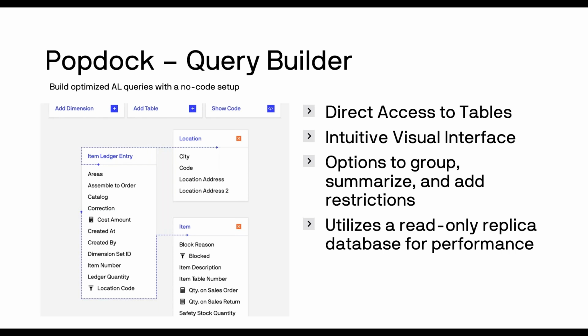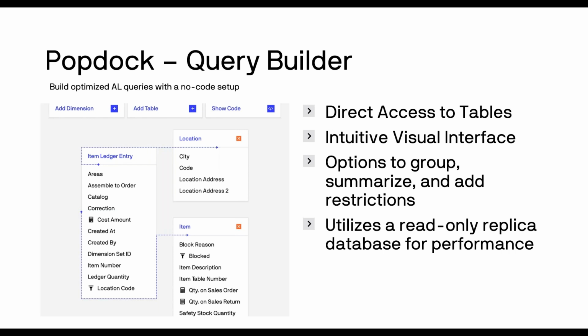You can see on the second bullet point there, our Query Builder provides an intuitive and user-friendly visual interface. For those of you that are familiar with building custom lists inside of Popdock, one of the custom list types that we have is a join list.